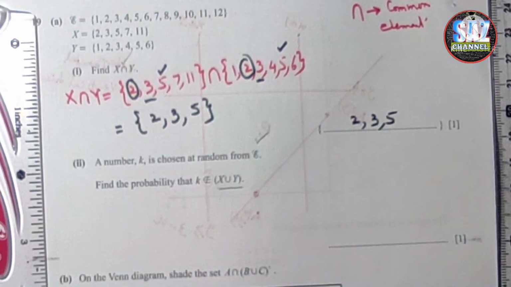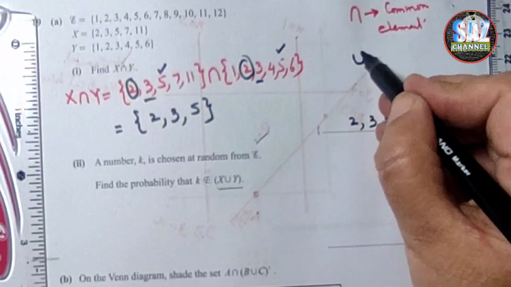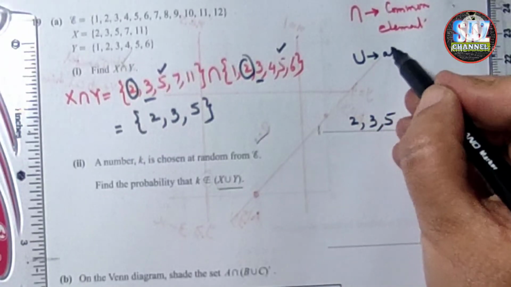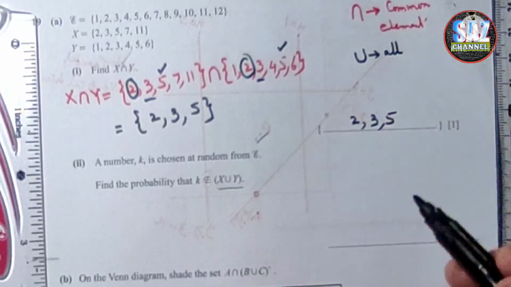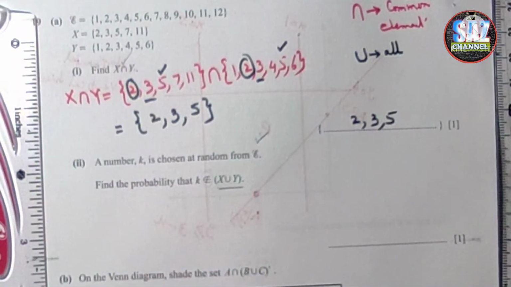Now it's important to understand the meaning of the term union. Union means all, collection of all the elements. So first of all, although it's a 1 mark question, that 1 mark is really precious, really important for us. We don't want to lose that 1 mark.